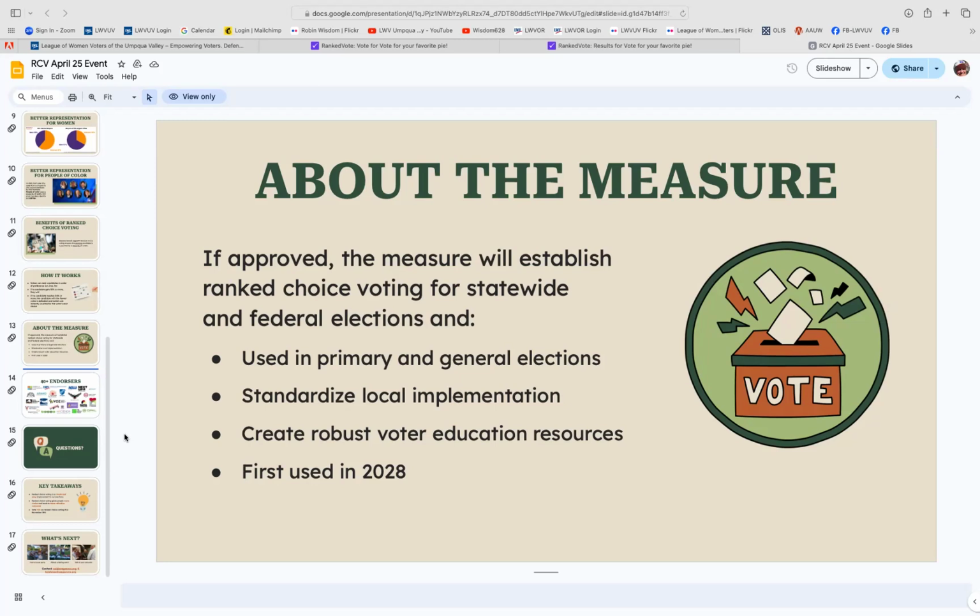So there's a good amount of time so that our county officials are able to successfully implement this. That was absolutely one of our priorities. Most other places that have adopted ranked choice voting, they tend to implement it within a year. And although, you know, voters in those first elections do end up using the rankings and do understand it, we just wanted to be sure that here in Oregon, there's ample time for that to be successful.